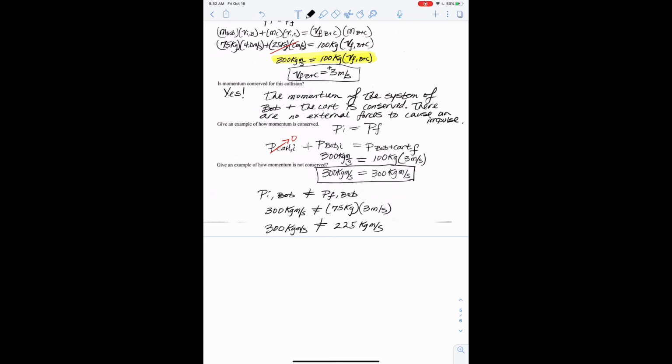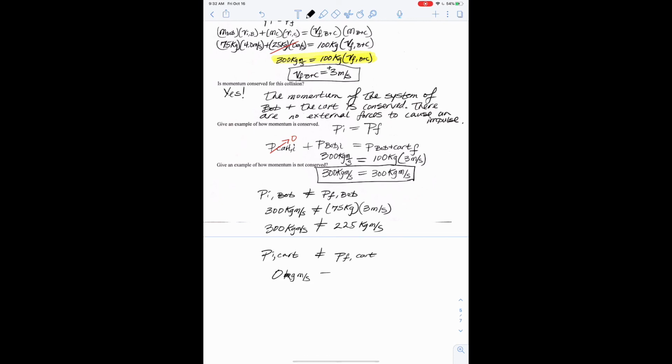All right, and the reason we see this is because there is an external force on Bob coming from the cart. So this is why Bob's momentum isn't conserved. If we do the same thing for the cart, PI of the cart was 0.